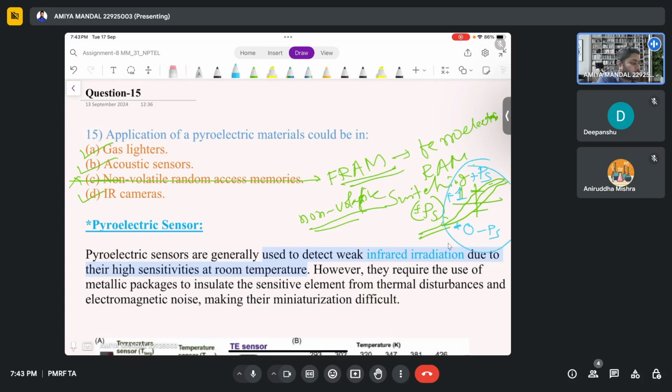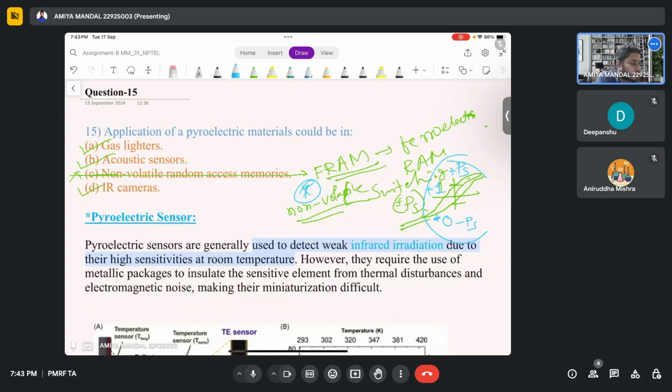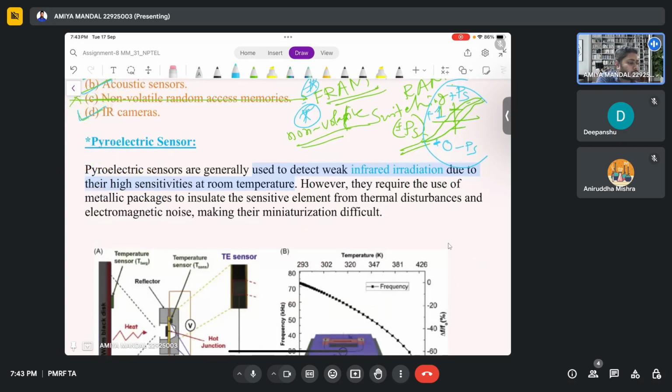So that is the concept. You can easily find it in any standard paper on FRAM. So the other three applications can be true for pyroelectric materials.